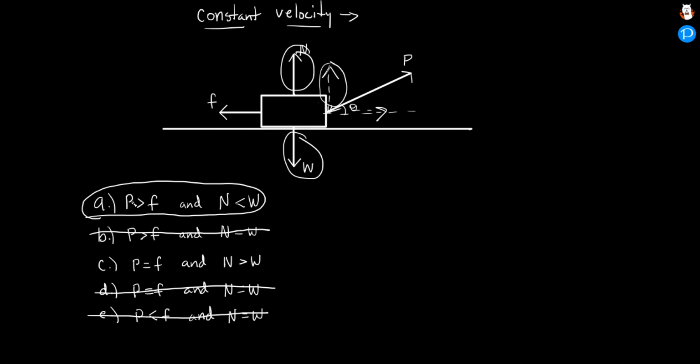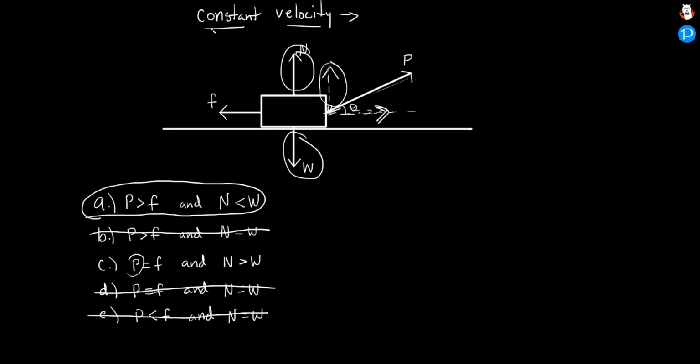But let's think about it in terms of the pulling force and friction. If the pulling force was equal to the friction, then this component right here is going to be less than the friction.